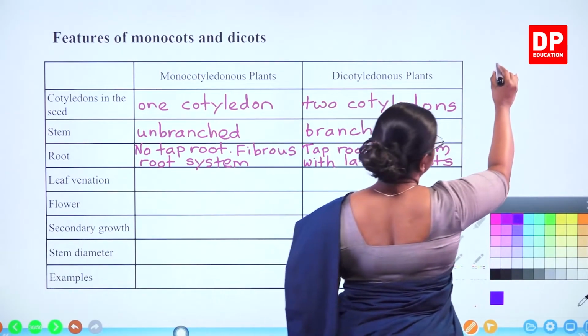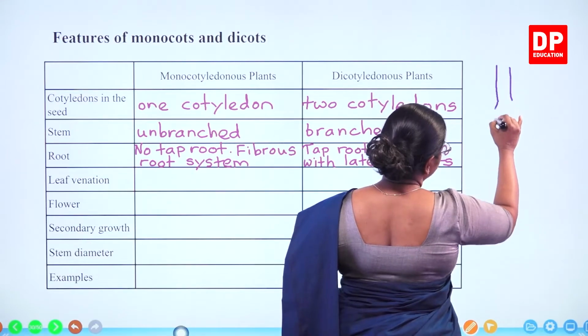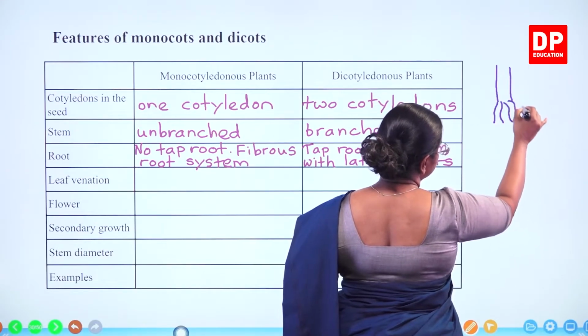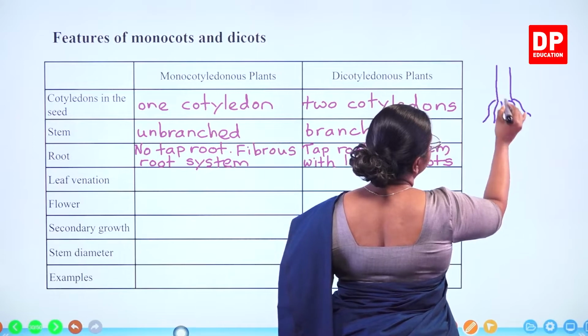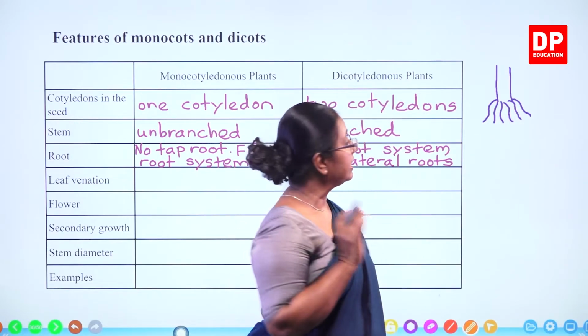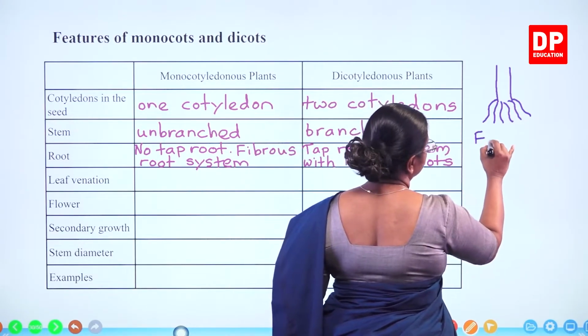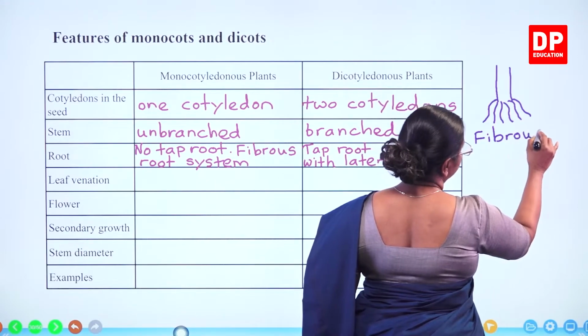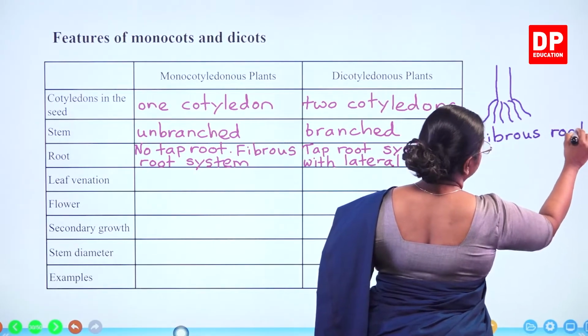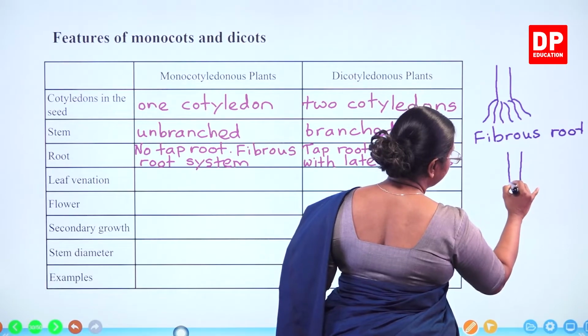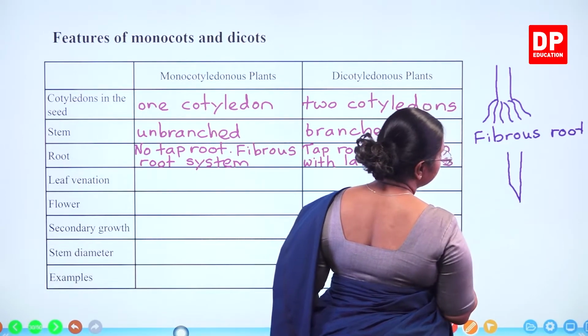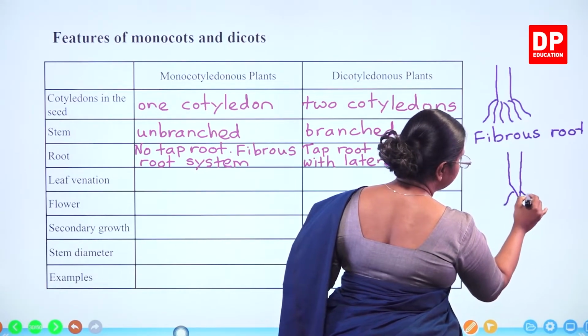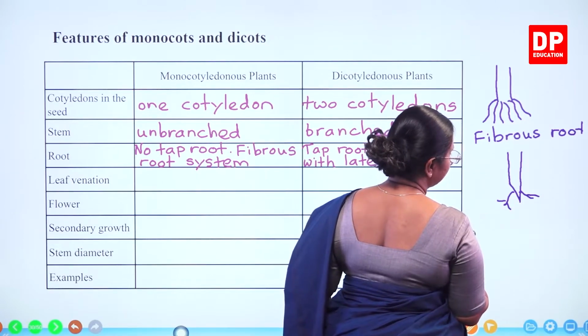Normally when you look at the stem of a plant, if there are many roots starting from the end of the stem, that is a fibrous root. Whereas you look at a dicot plant, you see a root like this with the lateral roots and the root hairs, everything.